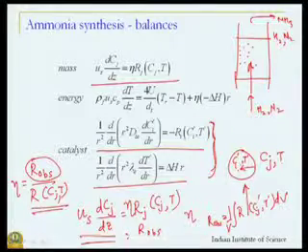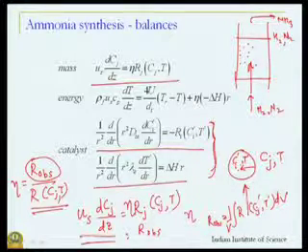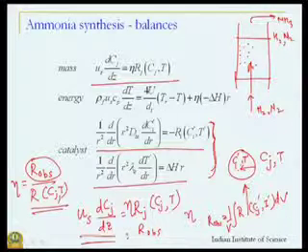That is, there is some rate associated with these concentrations and temperature, averaged over the entire volume of the catalyst pellet, and that is my observed rate. So, this is how I would simulate the ammonia synthesis reactor.